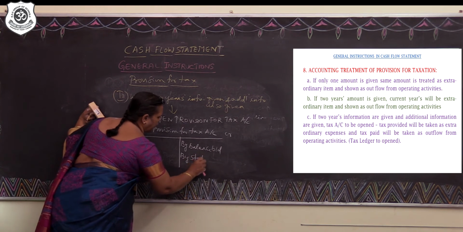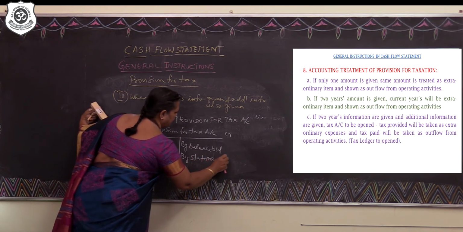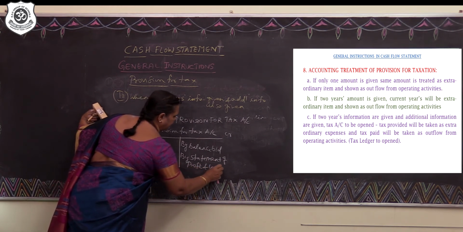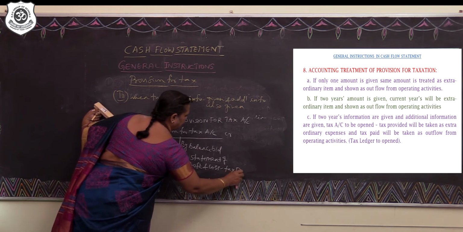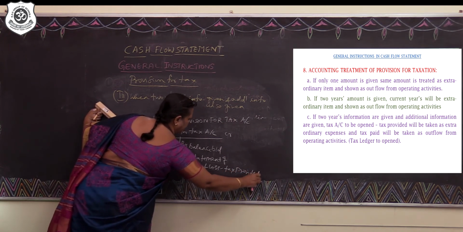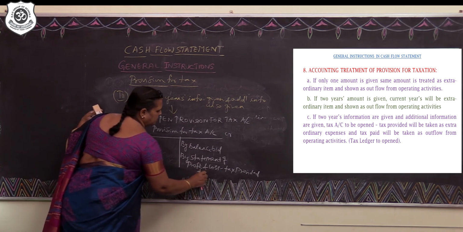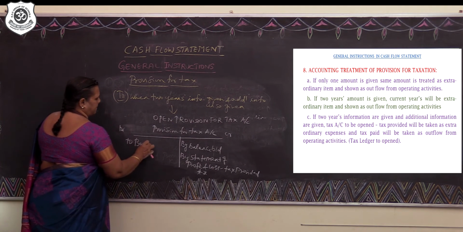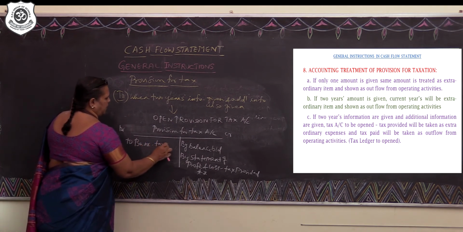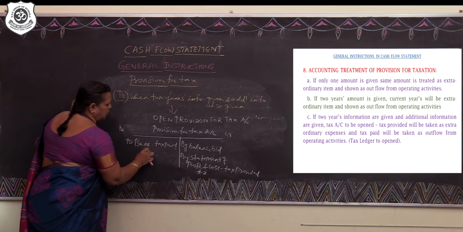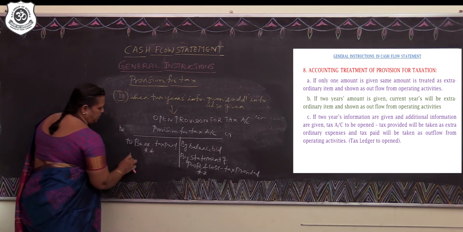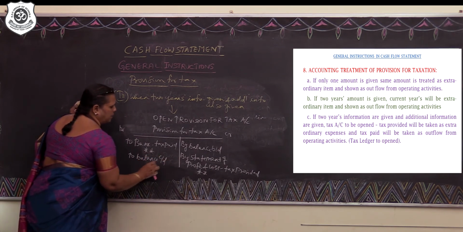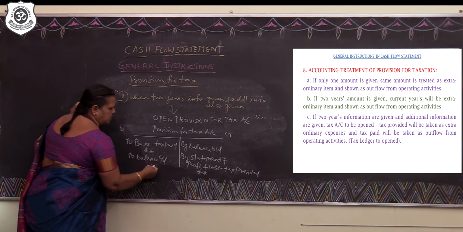Y statement of profit and loss, tax provided, which can be a balancing figure, or to bank, tax paid, which can also be a balancing figure, to balance carried down, which is the closing balance.